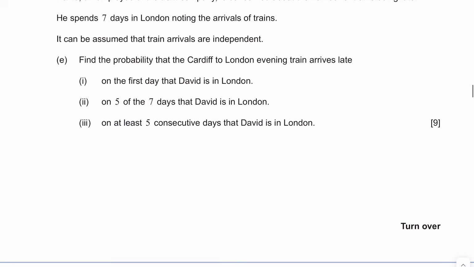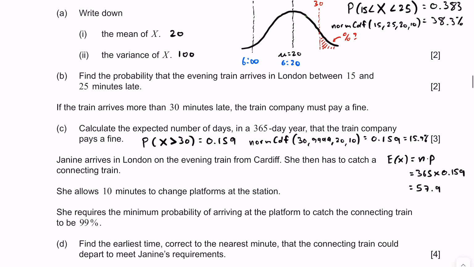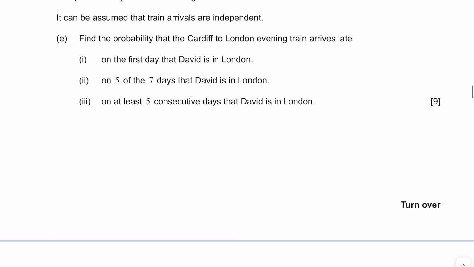So let's draw another normal distribution here. Once again, we have this normal distribution, a mean of 20, and she wants to be 99% sure that she is going to catch this train.